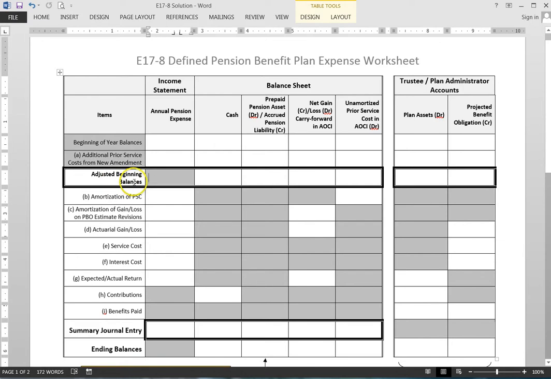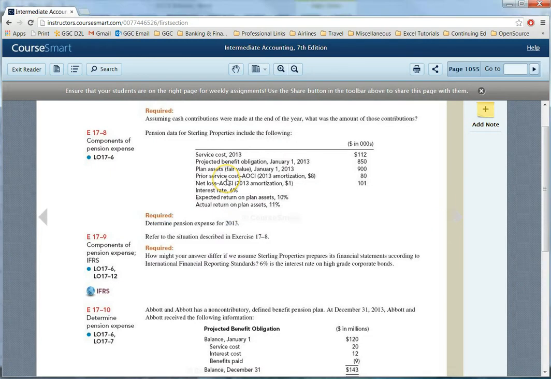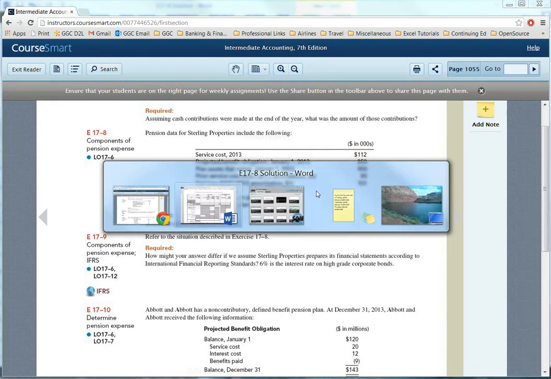And so what we need to do is identify the beginning balances of our current balance sheet items, as well as balances in the plan or trustee administrator accounts. Okay, so let's flip back over to the exercise here, and we can see that, for example, the projected benefit obligation, the PBO balance on January 1st, 2013 was $850,000.